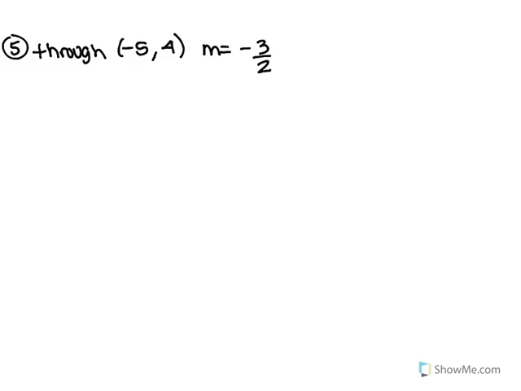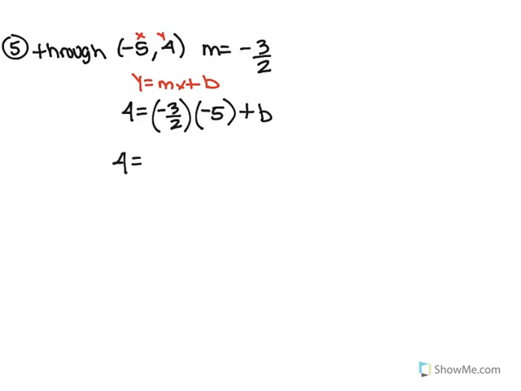So we still are missing B. So we're going to take these 3 numbers, plug it in to find B. So Y would be 4 equals M is -3/2 and X is -5. Okay?